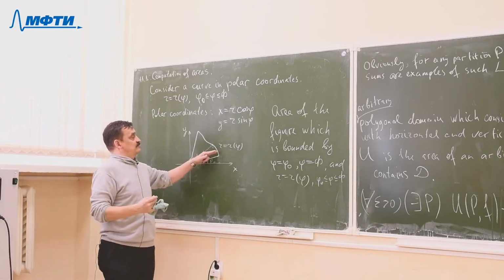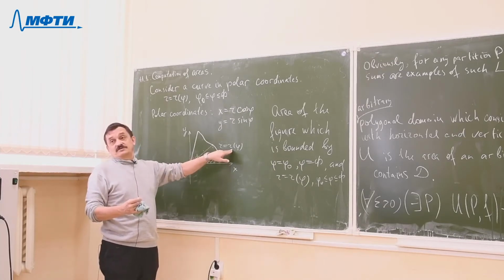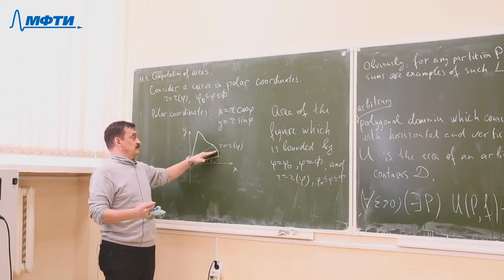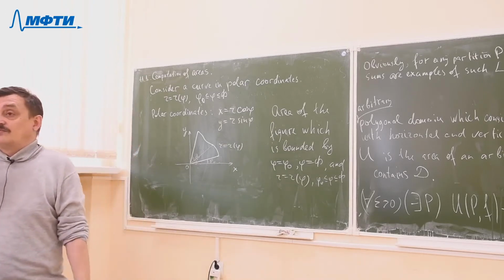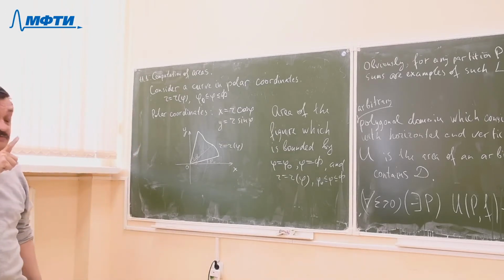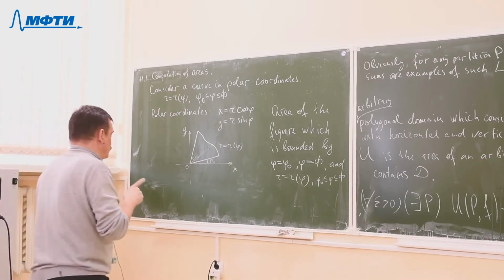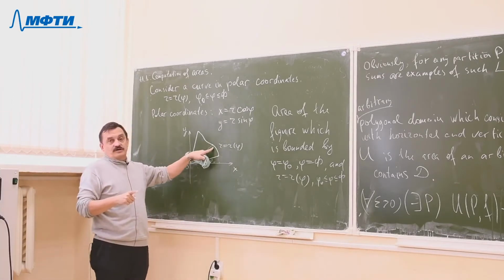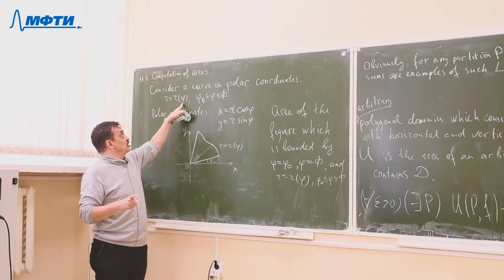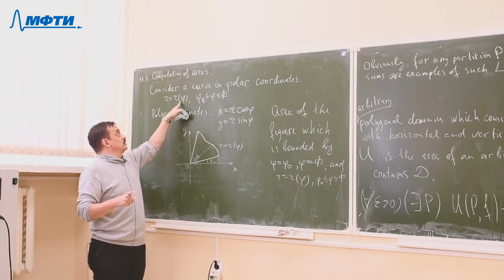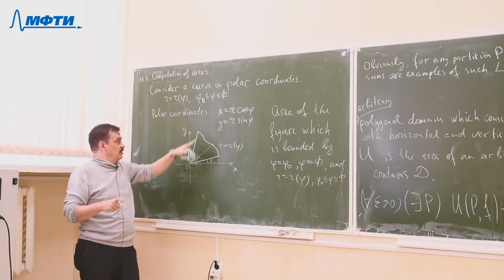Phi varies. For any value of phi we have a different distance, right? So the distance varies and it gives our curve. So for an arbitrary ray from the origin we have a unique point of intersection of that ray with our curve, because that is just what the notation means. So it means that r is a function of the polar angle phi.